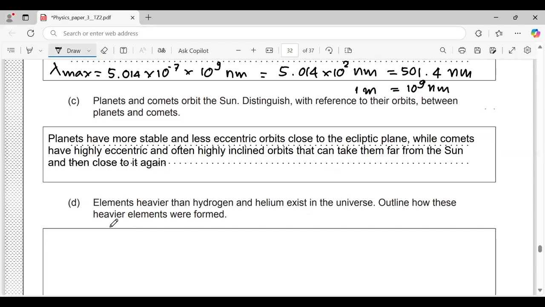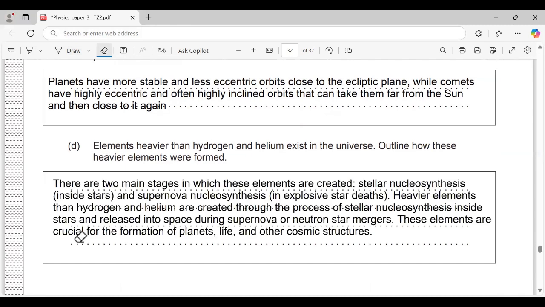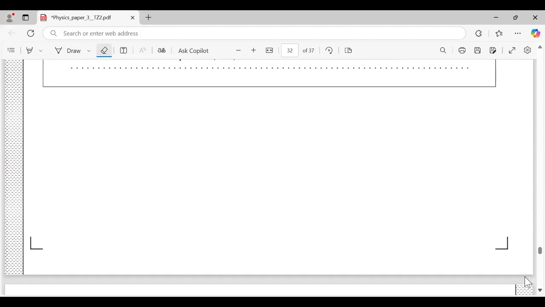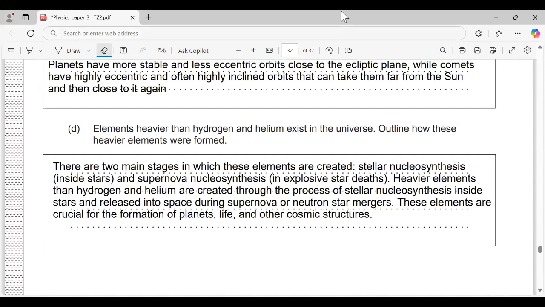Outline how these heavier elements were formed. Also, I have provided my explanation, my opinion, about this question. Okay, I think enough. Let's move to the next question.